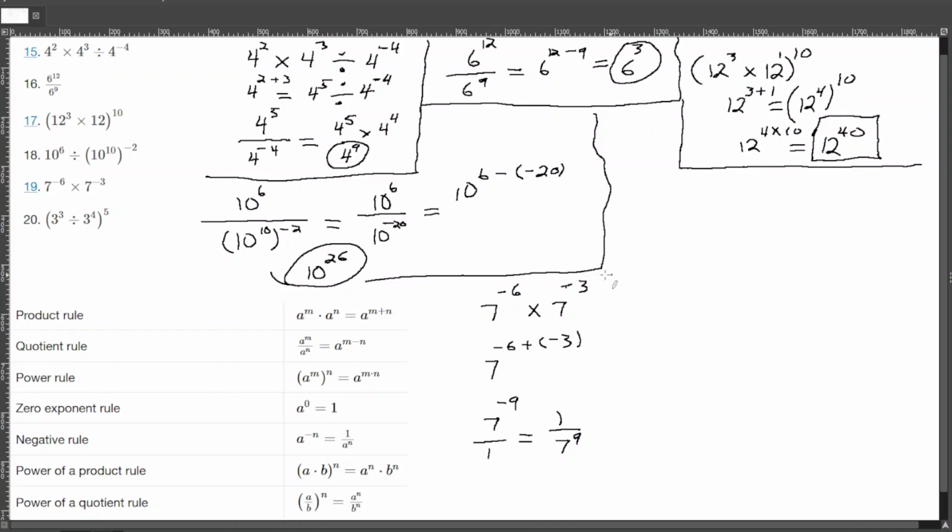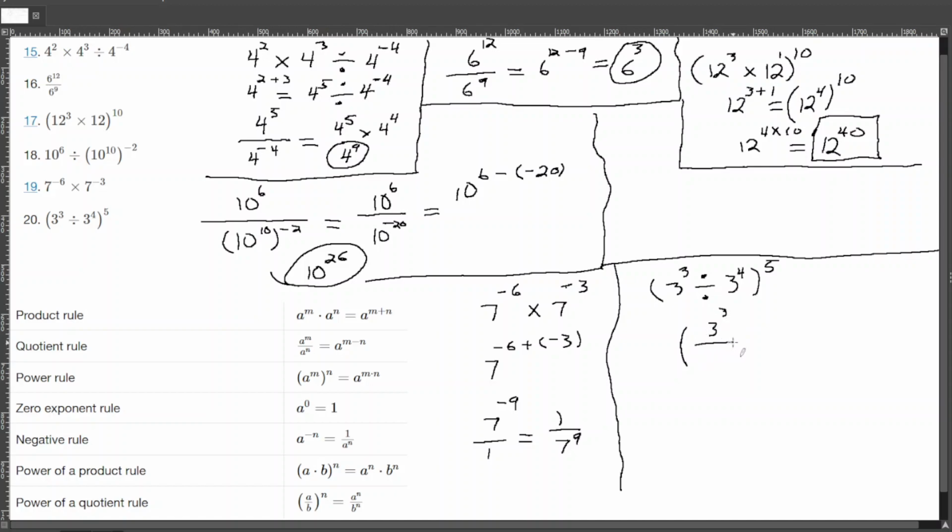And now for 20, last but not least. We have the quantity 3 to the third dividing by 3 to the fourth, everything to the fifth power. The first thing I would like to do is rewrite this as a fraction: 3 to the third over 3 to the fourth, everything to the fifth power. So we handle what's inside.